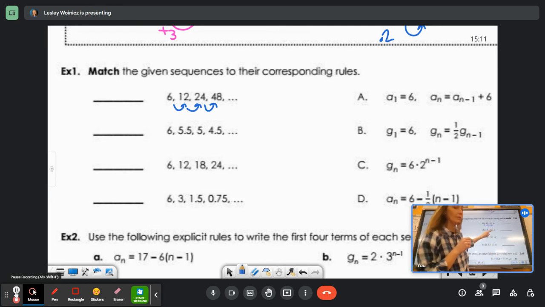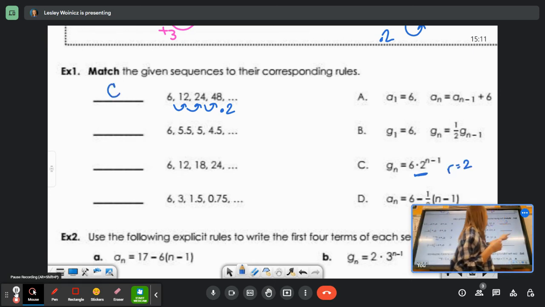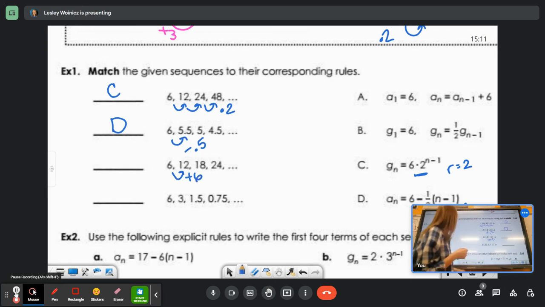But on this one, we're multiplying by 2. Okay, so that's this R value. R is 2, so that's C. Okay, this one, we're subtracting 0.5. Okay, that is this one here where D is negative 0.5 or negative 1/2. So this is D. On this one, we're adding 6. Okay, so that's this one where D is 6.